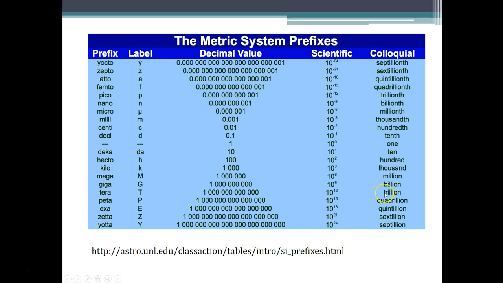A tera is a trillion, so you're talking trillions of bytes when you have several terabytes. So these are some of the prefixes that can go in front of your meter, liter, gram. Or as I was just giving examples, it wasn't exactly metric, but tera is a prefix in that case, for how many bytes are in the computer.